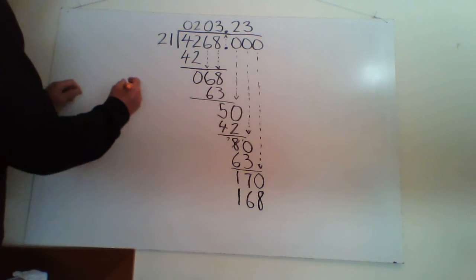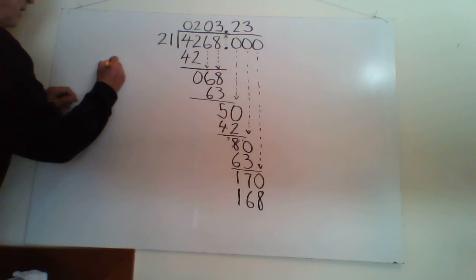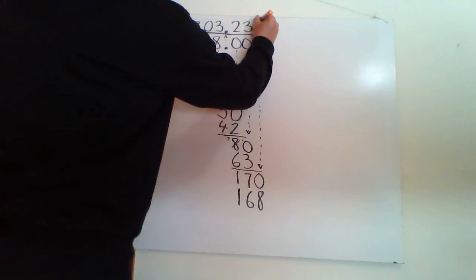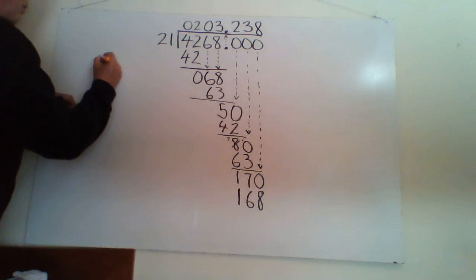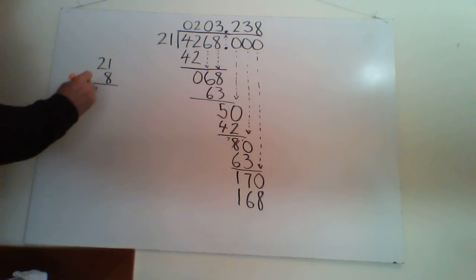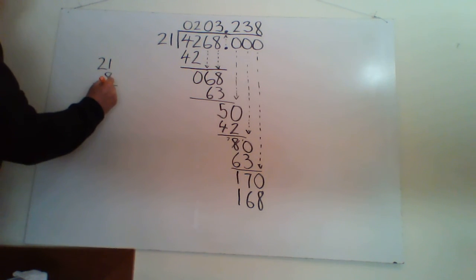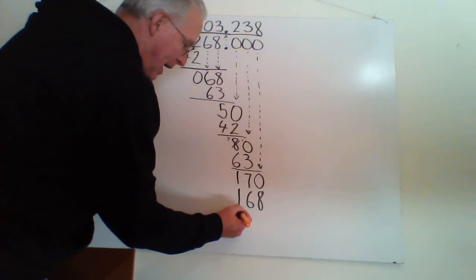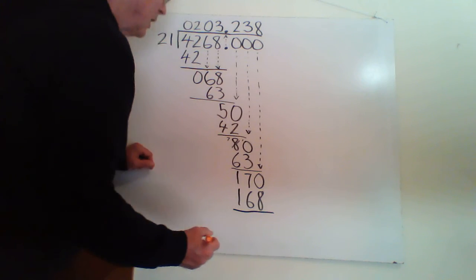Let's double check that over here. Let's go with 21 times 8 and see how we did. 8 times 1 is 8. 8 times 2 is 16. Our brain math was good.